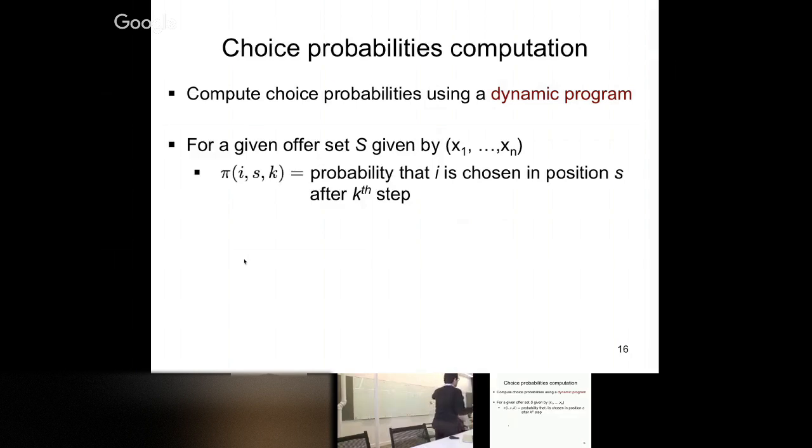Let's say there are 10 options and I only offer you 3 options. Then in your list, your top choice among the 3 options can appear at 1, 2, up to the 8th position.